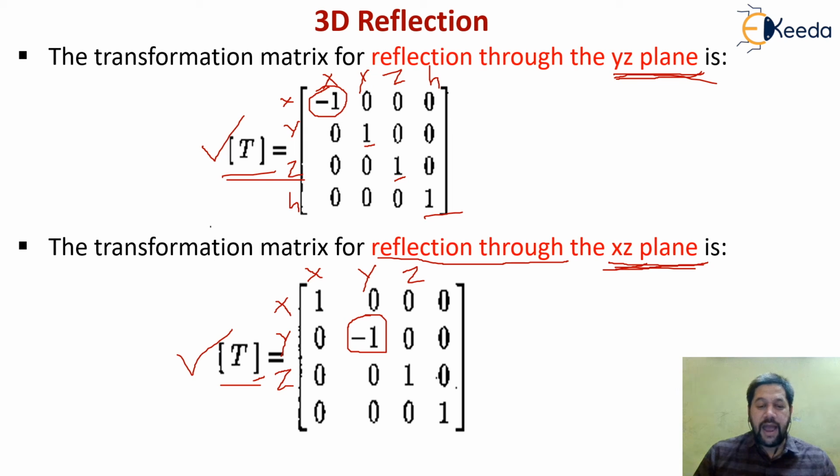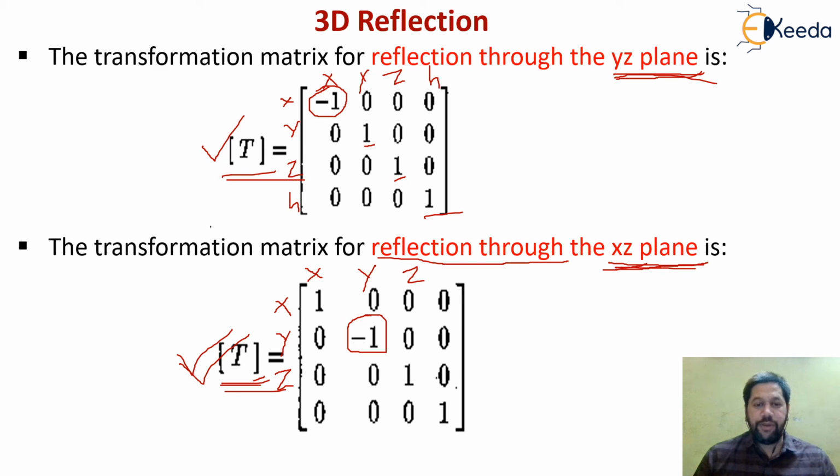If I multiply the original object with this transformation matrix, I will get the reflection of that 3D object through the xz plane. Getting me? This is the way we can represent the three-dimensional reflection.